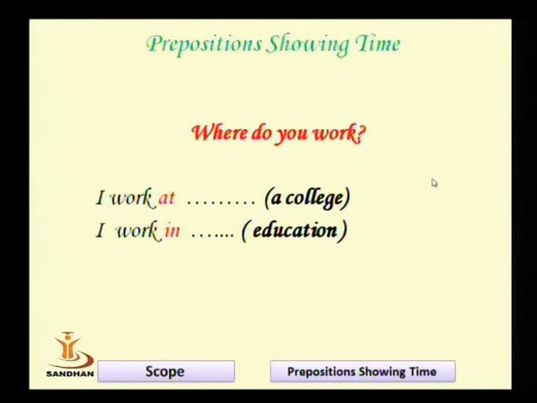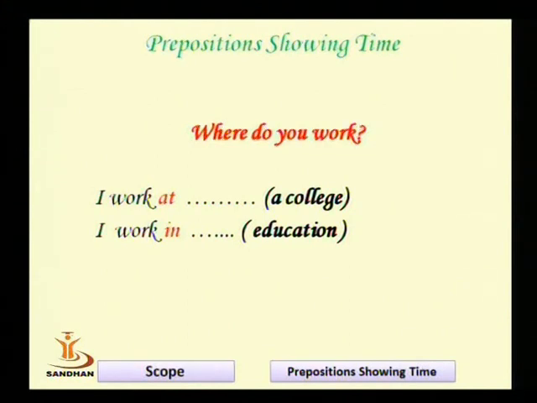Where do you work? If someone asks you where you work, you can answer like this: I work at a college. And I can answer like this: I work in education. If someone is a doctor, he can say that I work at a hospital and I work in healthcare.